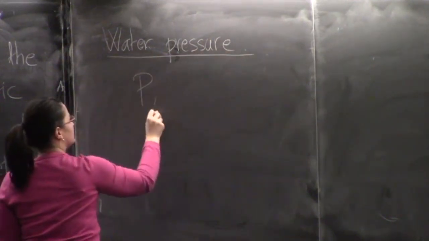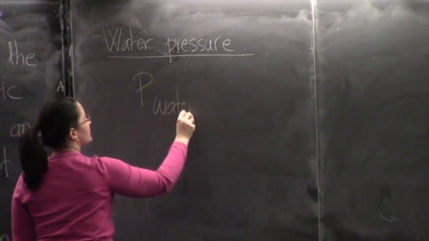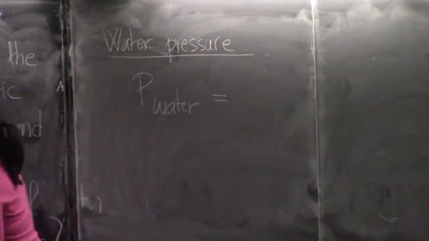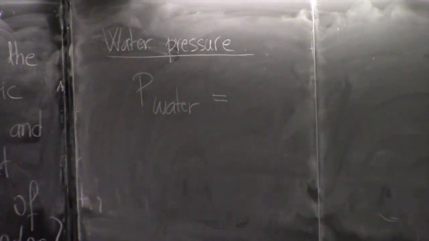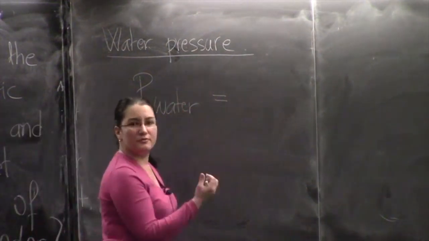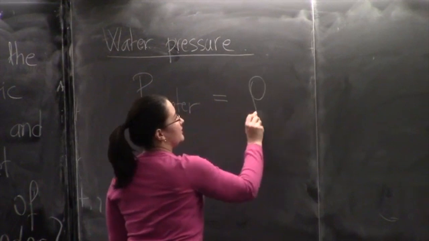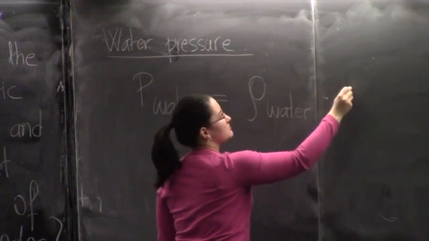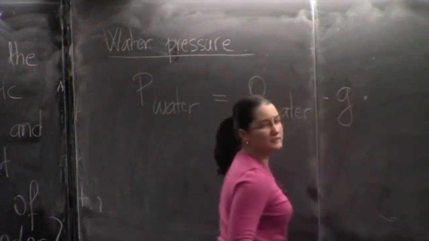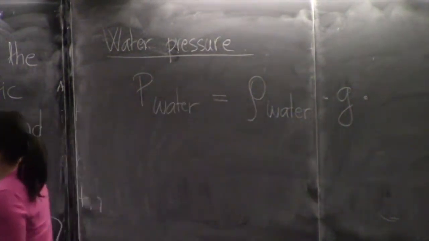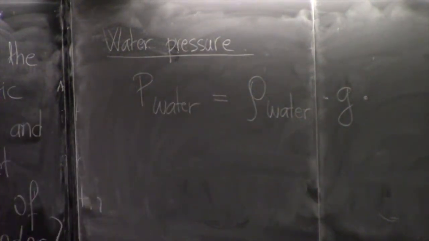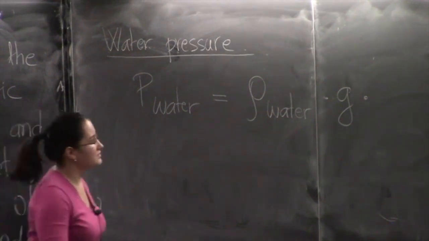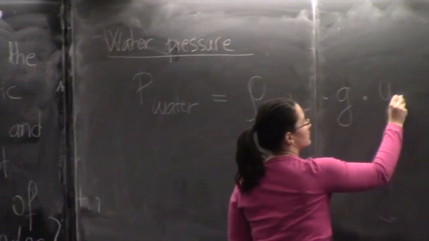Well, we have a formula for this. If you are somewhere on the top of the cylinder, the pressure coming from the water on top is going to be the density of the water times the constant of gravitational acceleration times the height of the water on top. So that would be 1.5 meters.